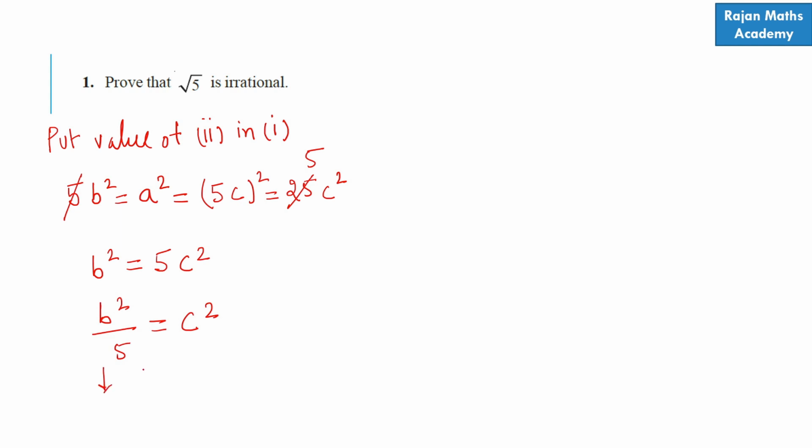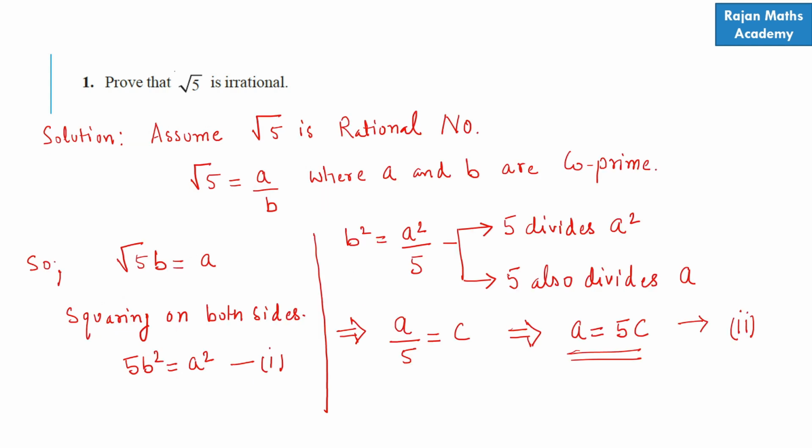It means that 5 divides b square, and it also implies 5 also divides b from theorem 1.2. So earlier we have seen 5 divides a.